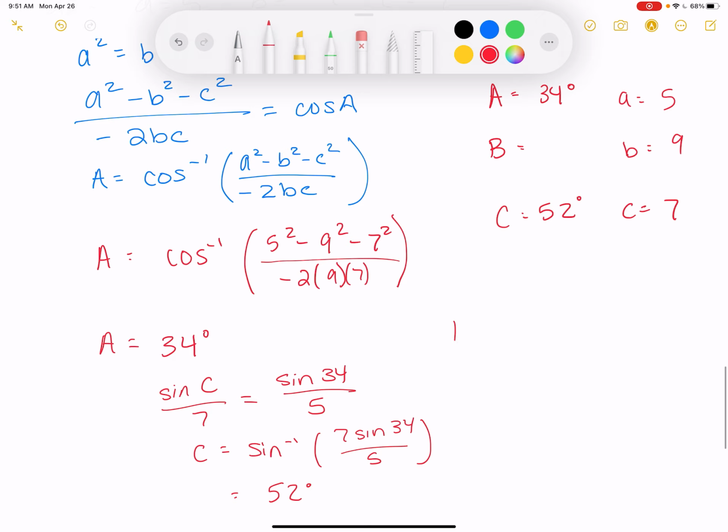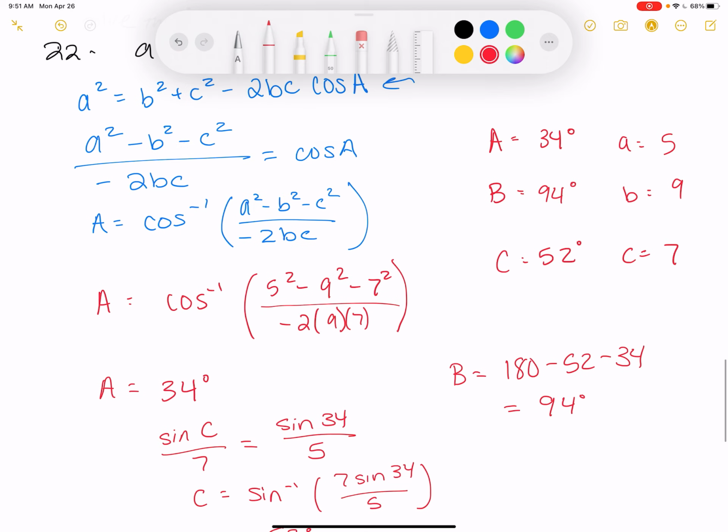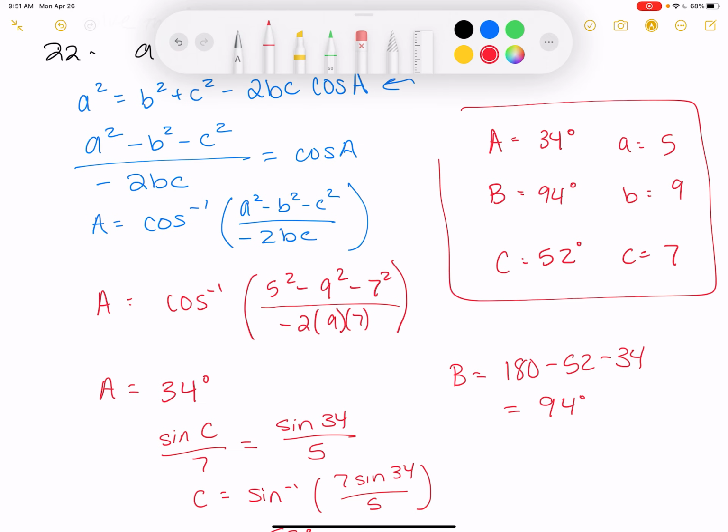And then angle B, it's going to be like 90-something. That makes sense, right? Biggest angle, biggest side, smallest angle, smallest side.